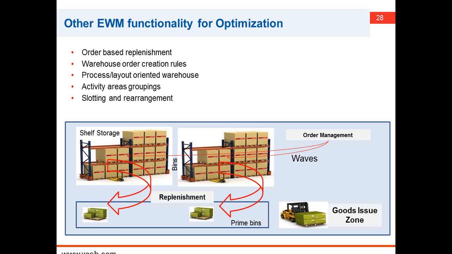So the optimization process within the extended warehouse management system is, how do I run my warehouse? Can I be flexible? Do we have to do the same thing for each warehouse? Absolutely not. So this is just extended functionality that we'll get into in a later webinar. Next slide, please.